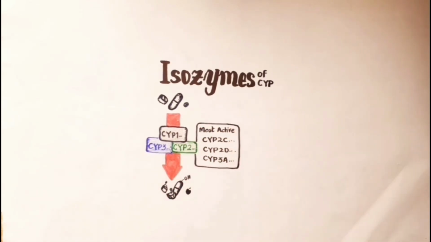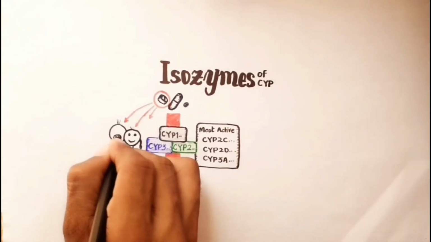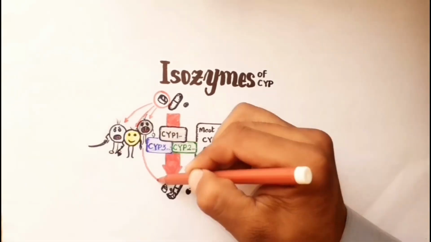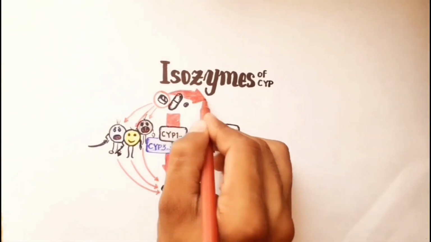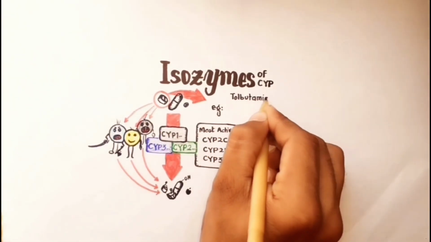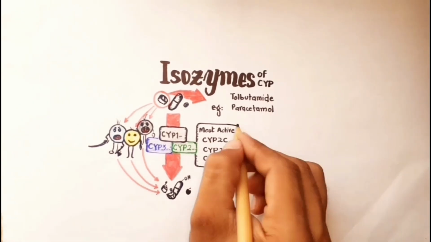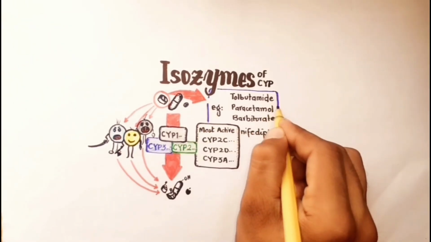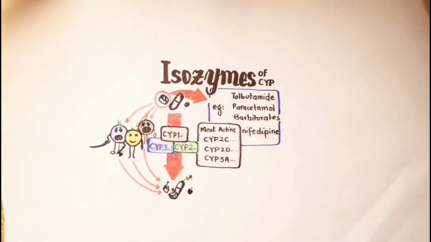In addition, an individual drug may be a substrate for more than one isozyme, such as tolbutamide, paracetamol, barbiturates, and nifedipine are substrates for more than one isoform.